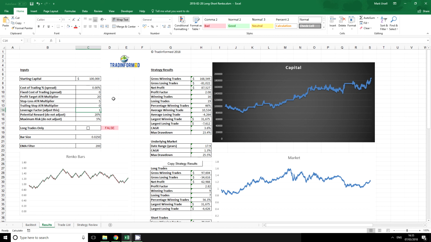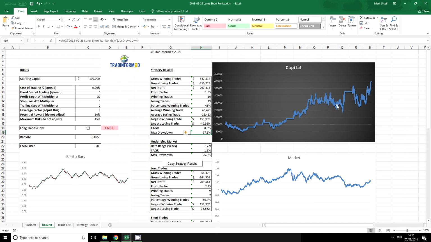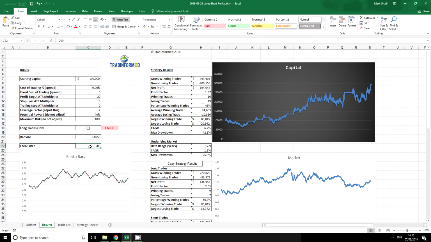Once again, if we're happy with the strategy, let's have a look at what greater leverage would do. And you see, unsurprisingly, we're getting a greater compound annual growth rate at the expense of a greater amount of drawdown. We can change the size of our EMA filter. And we can control all of this through clicks on here.